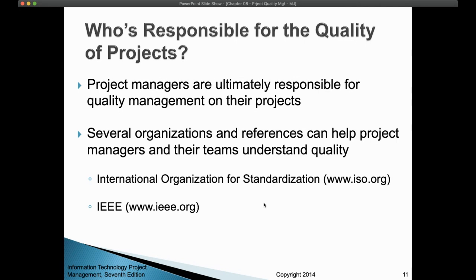The most known standards are the ISO, which is generic but has some specialties. And in the IT field, we have the IEEE standard, which is followed by many software development and computer manufacturing companies.